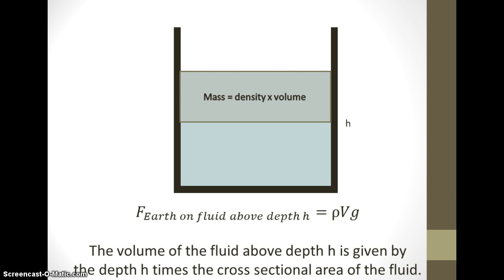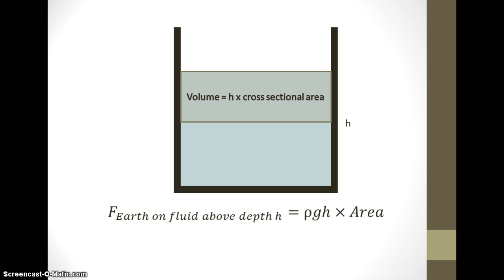It turns out that the volume is actually the height h times the cross-sectional area of the fluid. So we can replace volume and get h times the cross-sectional area. So now we have the force that Earth exerts on the fluid above depth h to be the density of the fluid times g times h times this cross-sectional area of the fluid.